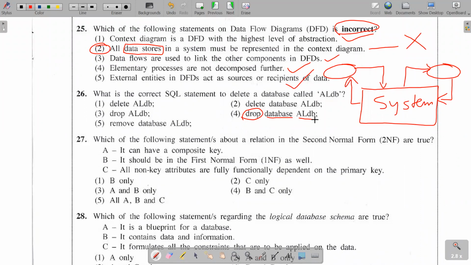To delete a table, you use the drop statement. To delete a database, you use the drop statement as well. If you are deleting a table, you say drop table, then the table name. Here they are asking about deleting a database, so drop database, then the database name. So the correct answer is the fourth one.